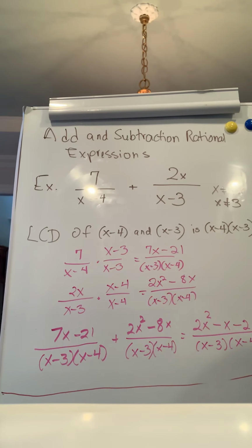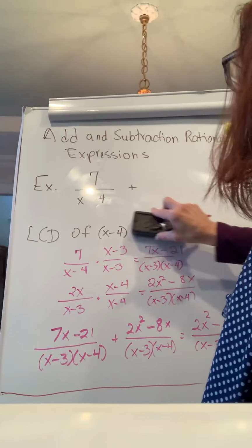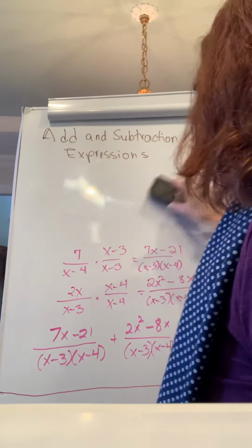Now when I get to this step, I do want to check and see if I can factor this out and cancel anything out here. So let's see, factors of negative 42 that add up to negative 1 would be 6 and 7. So as a matter of fact, this is going to factor. So we're going to need to factor that just in case we have something that cancels out.